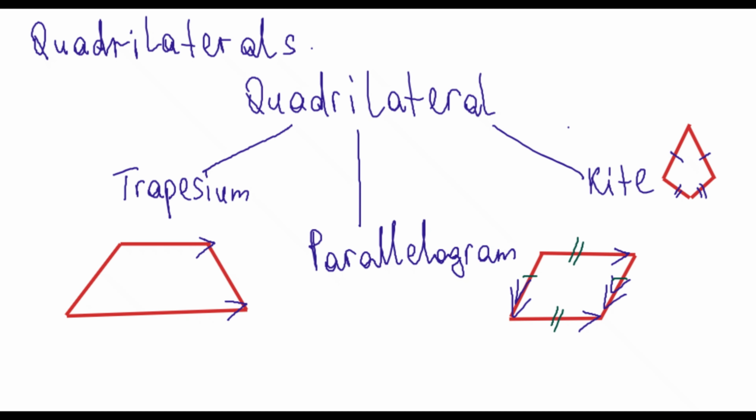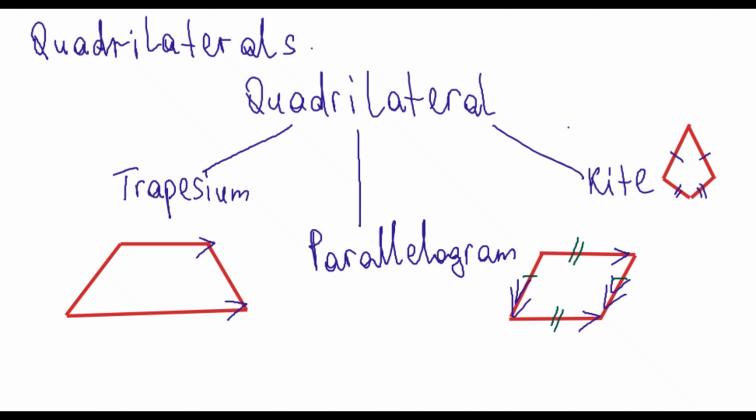But in kite, the sides are not parallel to each other, but adjacent sides are same. There can be another style of kites, but generally, again, I want to say that in primary mathematics, we searched exactly this kind of kites.